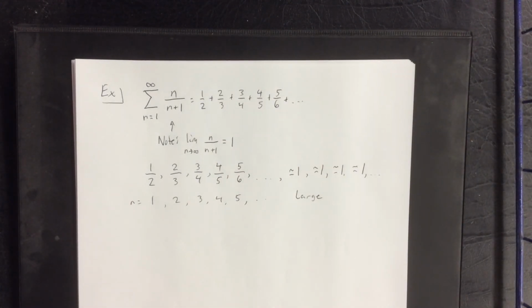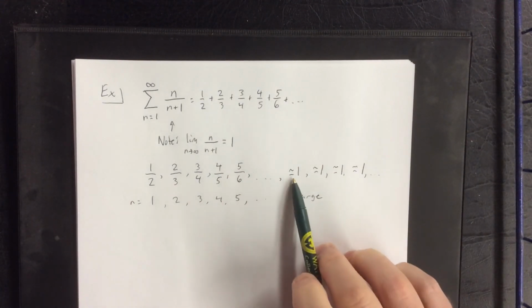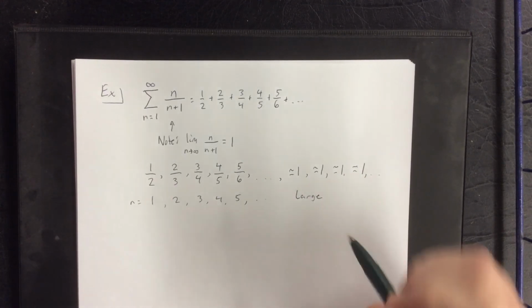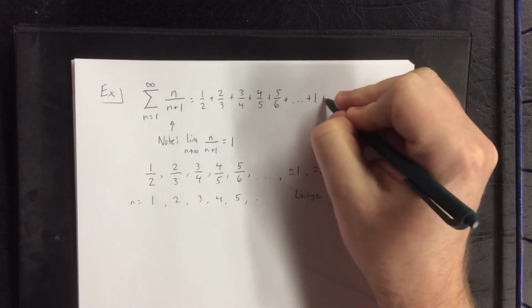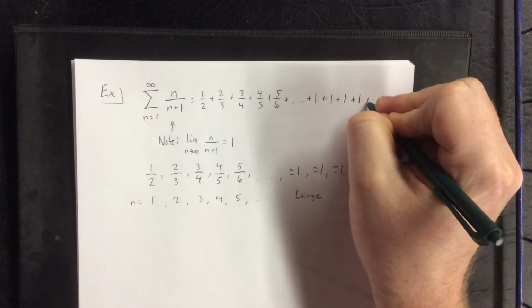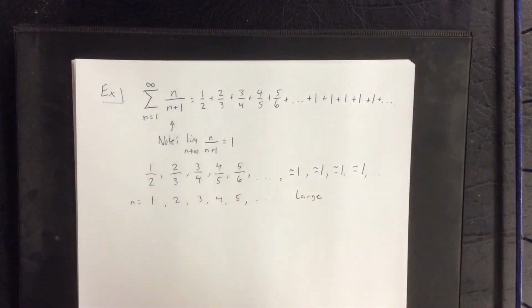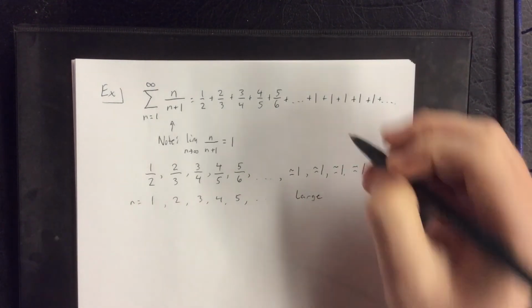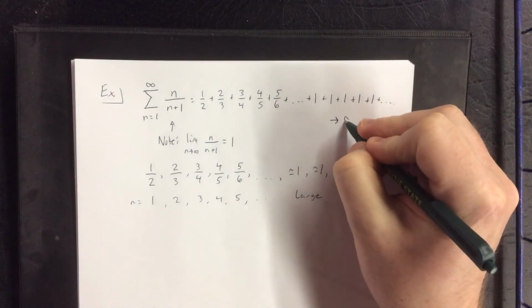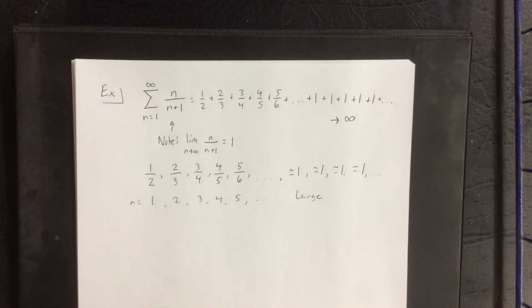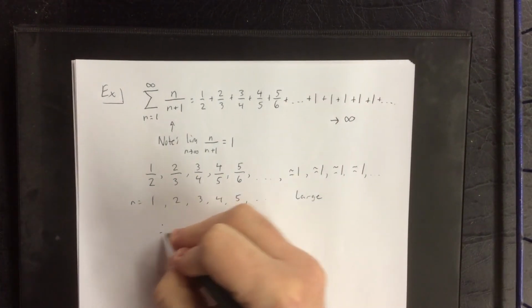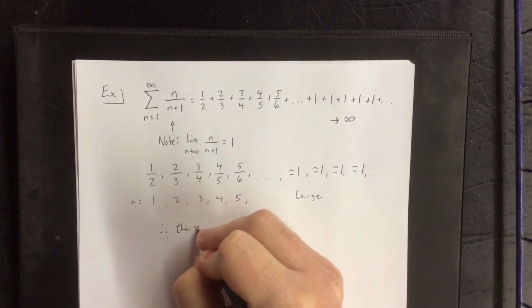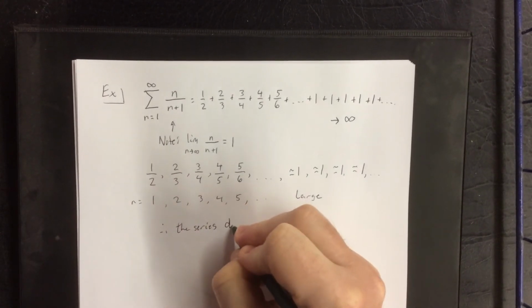So once n starts getting sufficiently large, the terms of the sequence are, for all intents and purposes, 1. Which means that I will essentially be adding 1 to itself an infinite number of times. If I add 1 to itself an infinite number of times, then this diverges toward infinity. Therefore, the series diverges.